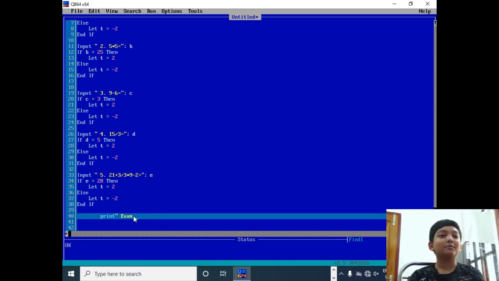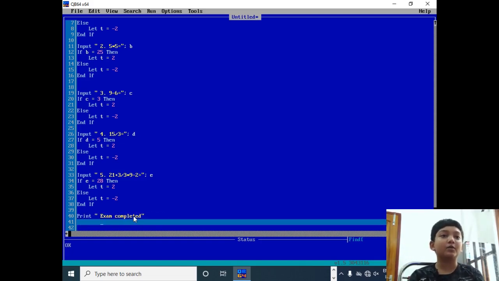Then print what? Let's print correct answers. Correct answers is equals to how much?